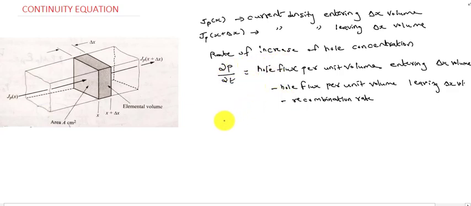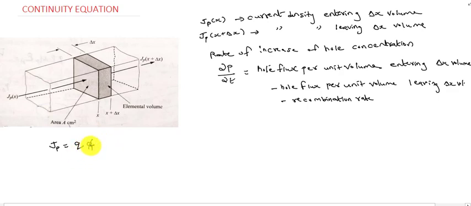We already derived the diffusion current density for holes, Jp. Jp is the charge of holes multiplied with the flux per unit area, phi p. So Jp is equal to the charge of hole q multiplied with phi p, which is the flux per unit area, the rate of flow of holes per unit area.